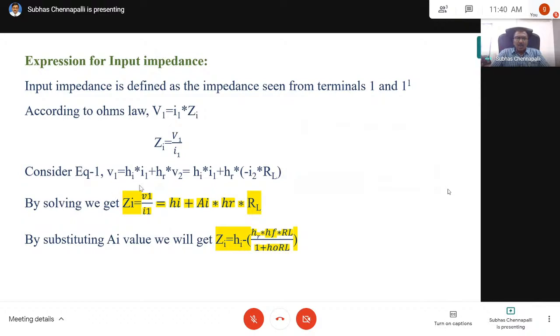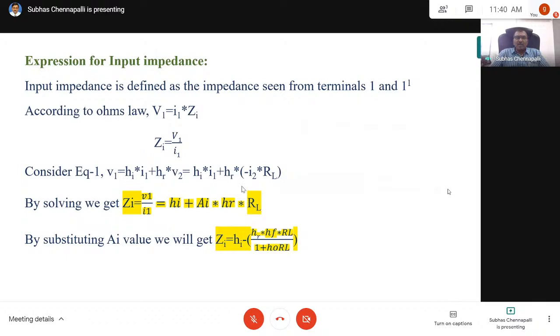V1 I have, I1 I have, and this I2 I can transfer into current gain, meaning I2 by I1 is minus AI. So accordingly, that's why AI appears here.